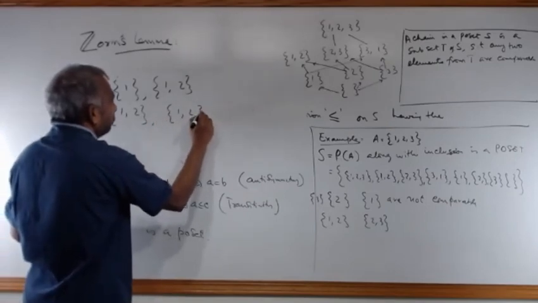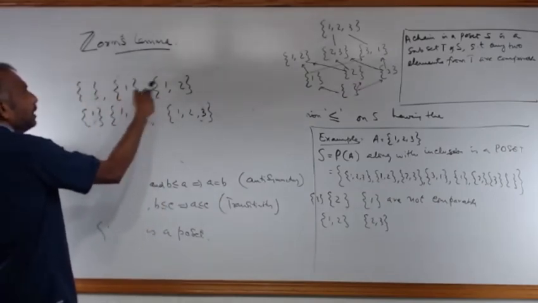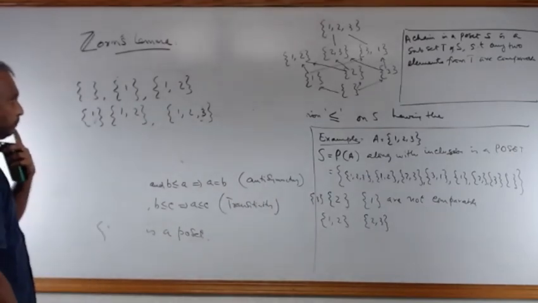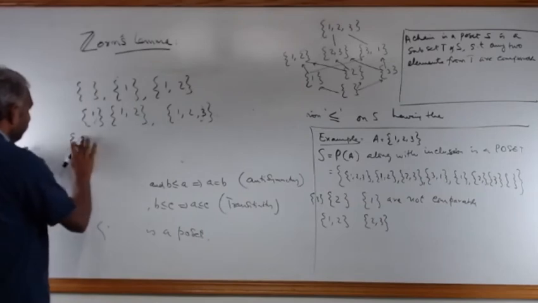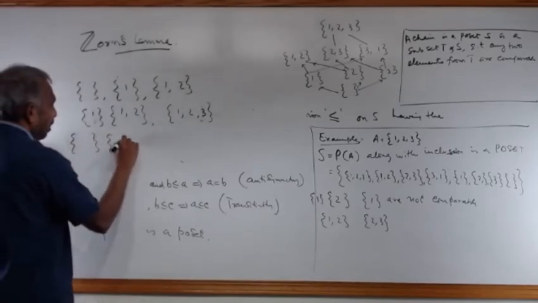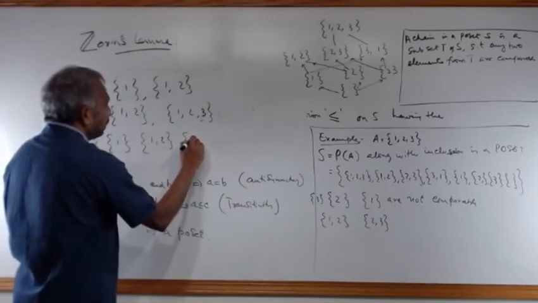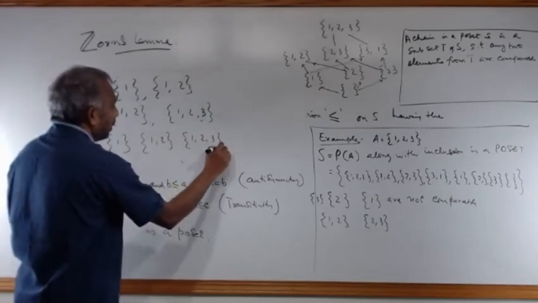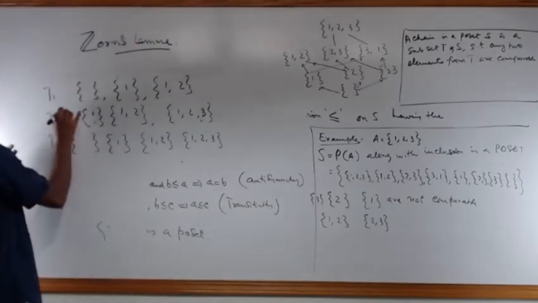This is a chain because any two members are comparable. If you take these two, anything is comparable. Or you can say {1,2}, {1,2,3}. These are all chains.